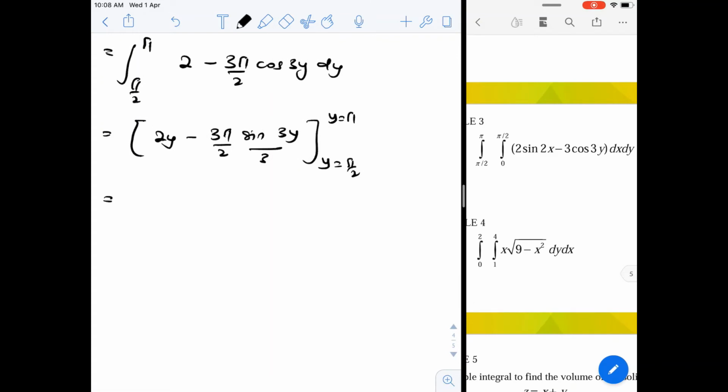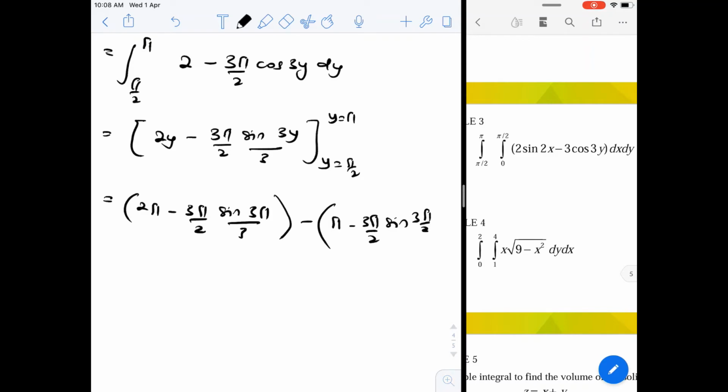So we will have 2 times pi minus 3 pi over 2 sine 3 pi over 3, and then minus 2 times pi over 2, so becomes pi minus 3 pi over 2 sine 3 pi over 2 over 3, like this.